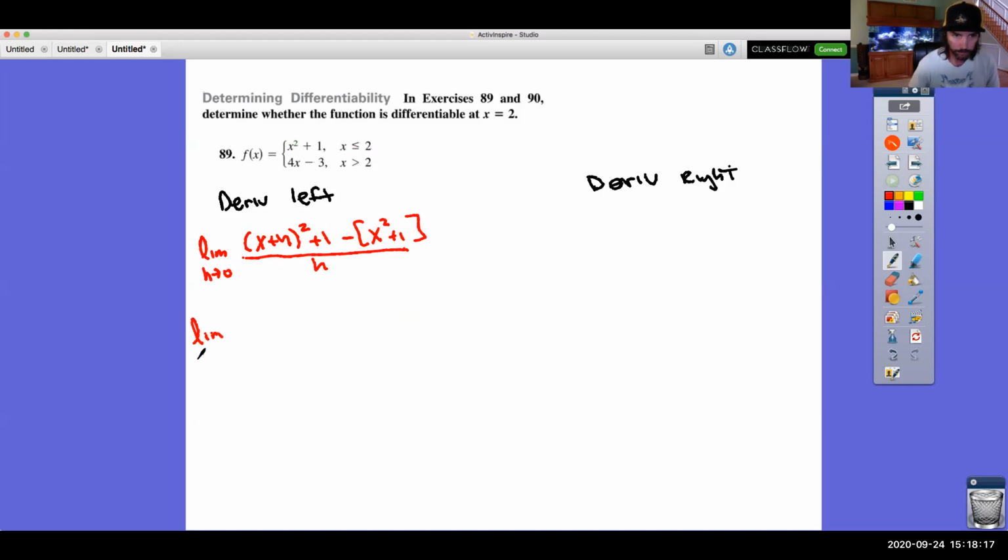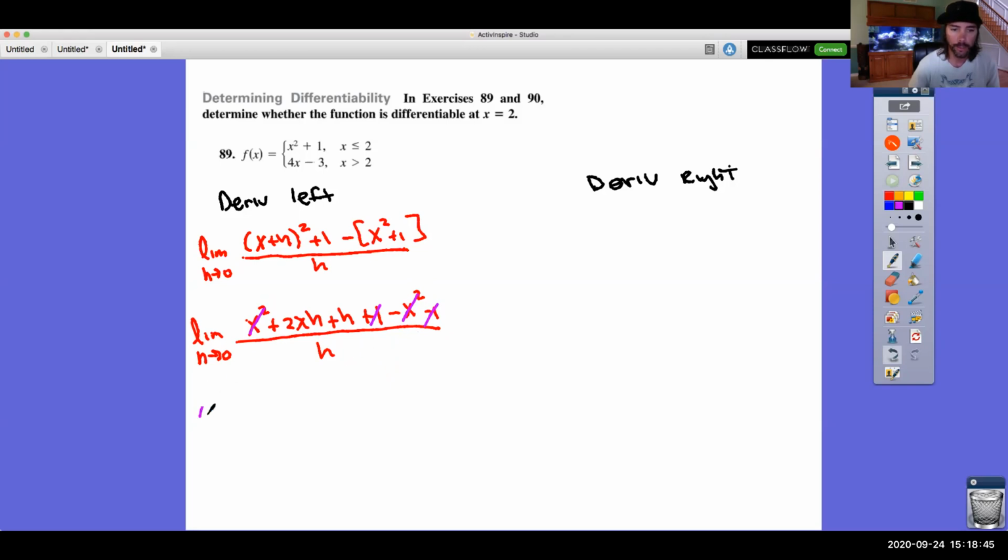Limit as h goes to 0. Square the first, double the product, square the last. That's the binomial squared. Bring down the plus 1, distribute the negative to the brackets, over h. The x squareds cancel out. The 1s cancel out.